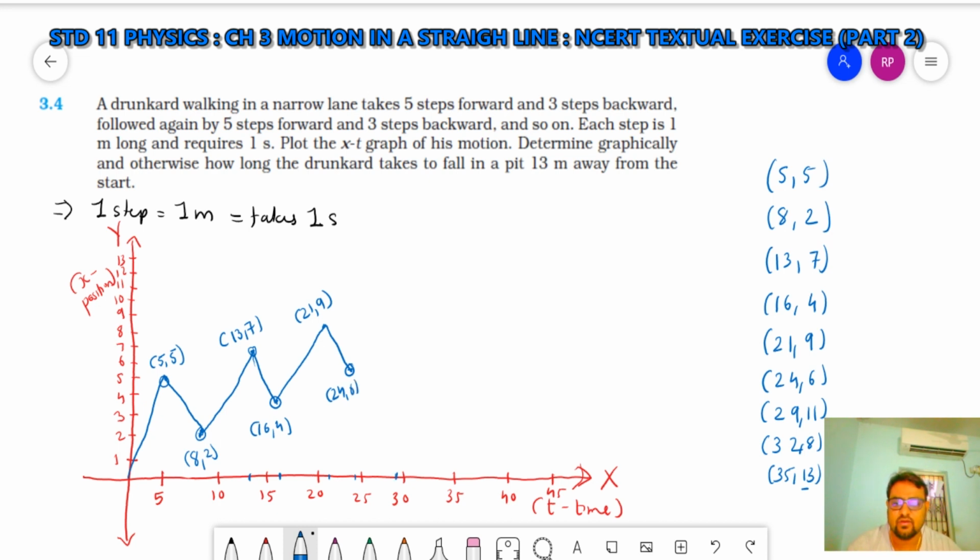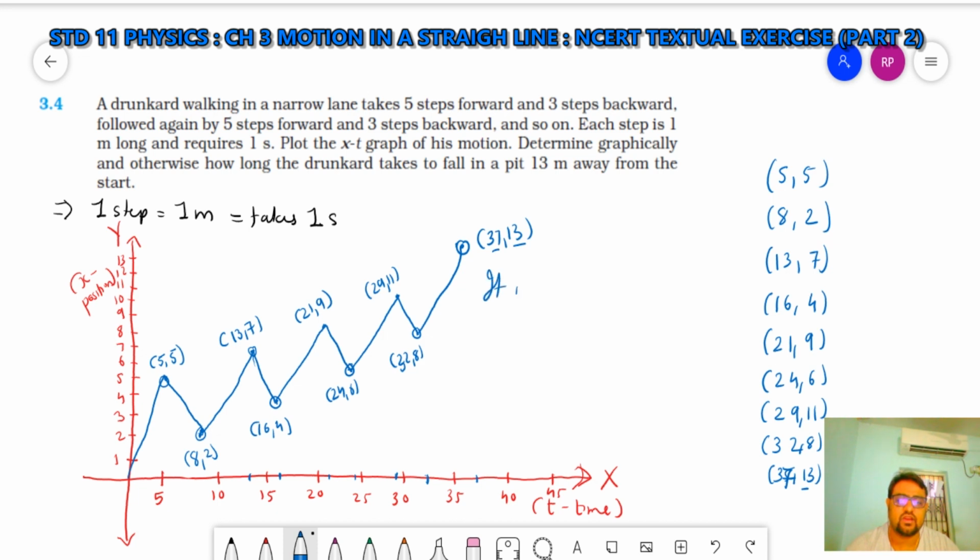Then 32, 8. This was 32, 8. Then 37: 32 plus 5 is 37, and 13 will be here. So 37 seconds, 13 meters.